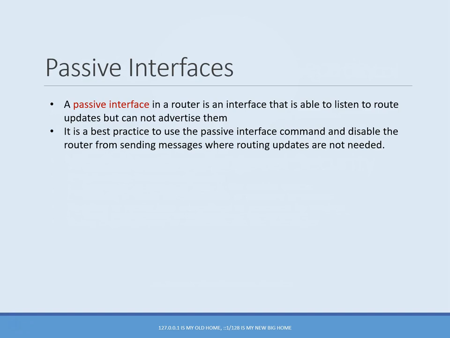This is important on access LAN interfaces where the subnet is placed into the routing information as a valid connected route, but for security reasons, the routing protocol does not need to send updates out to this access LAN.